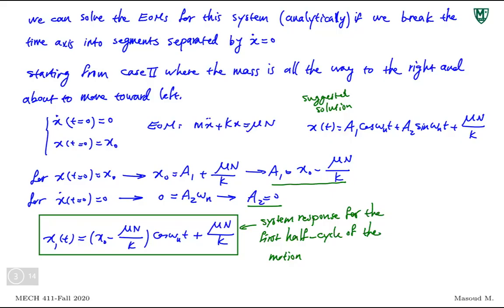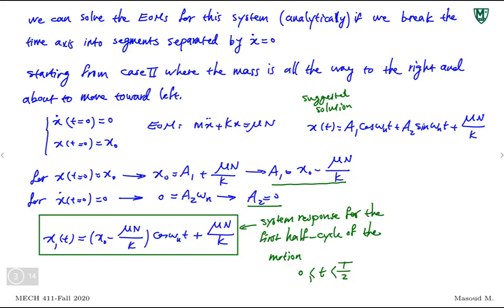It means this is where time is greater than or equal to 0 and smaller than or equal to T over 2. Half cycle. T is the time period, meaning that it shows one cycle. So for half a cycle, t changes for this equation from 0 to T over 2, half a time period.